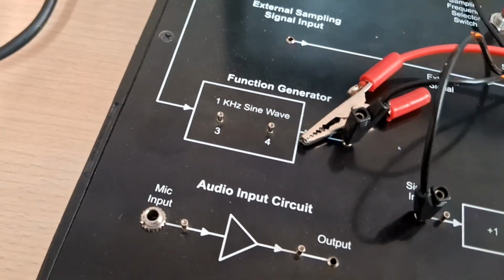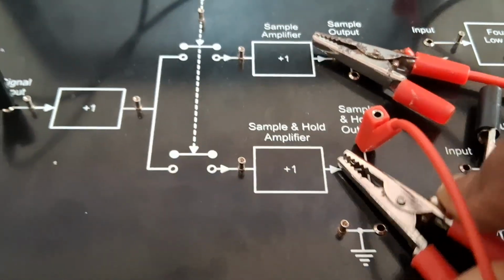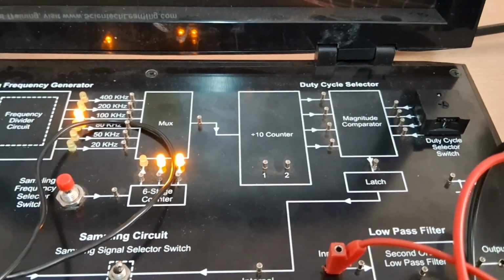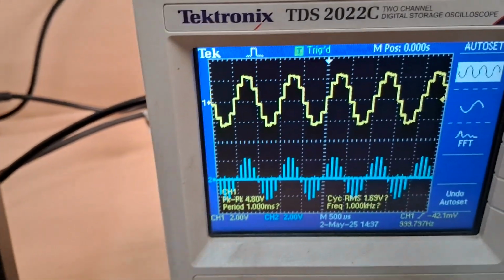Before that, we'll see the sampled output and the sample and hold output together on the DSO, and see what variations you can see. Once again, auto set.